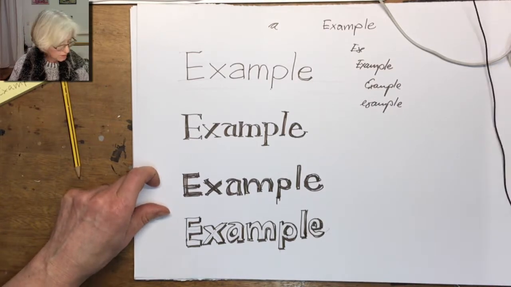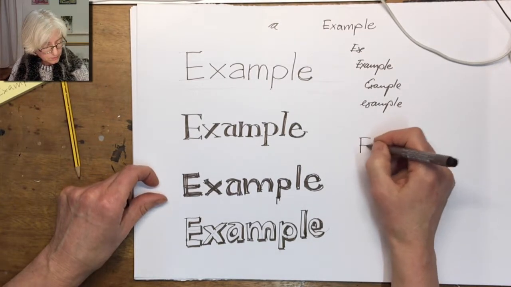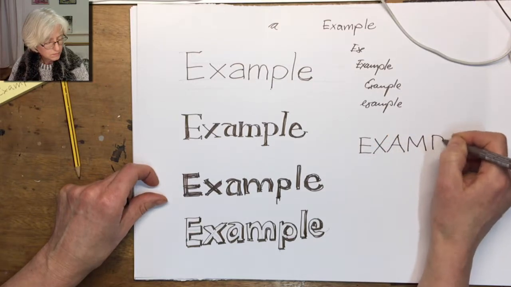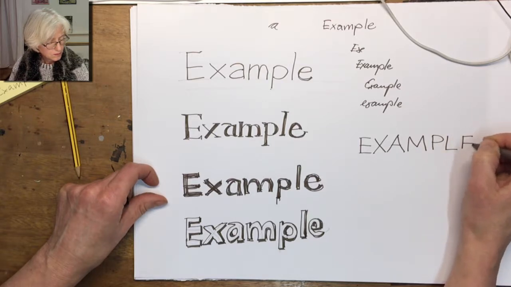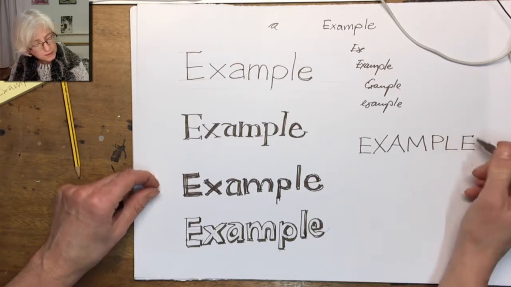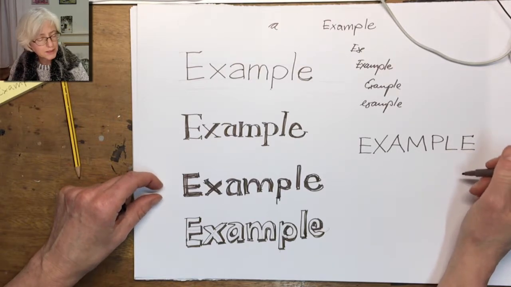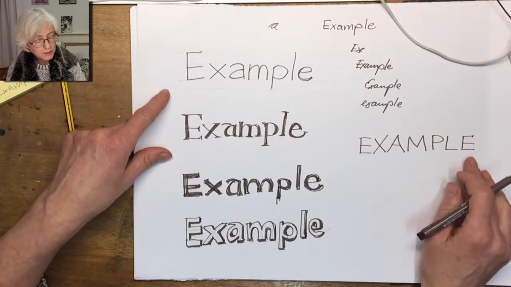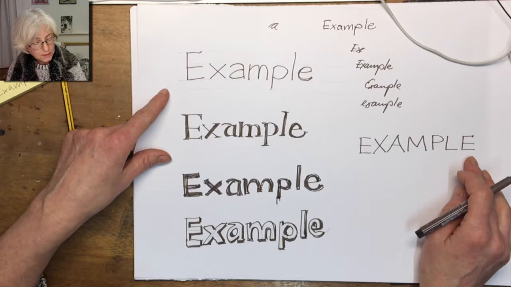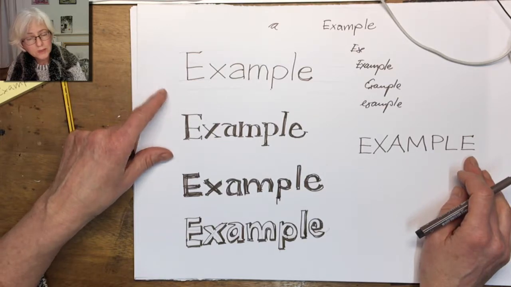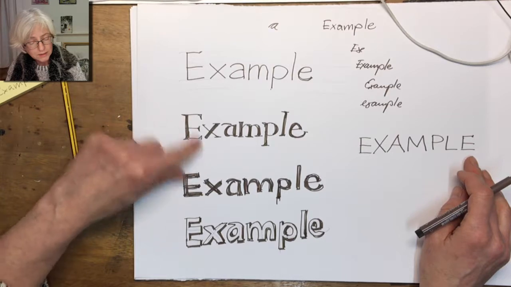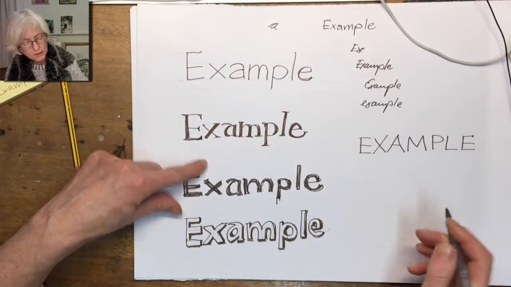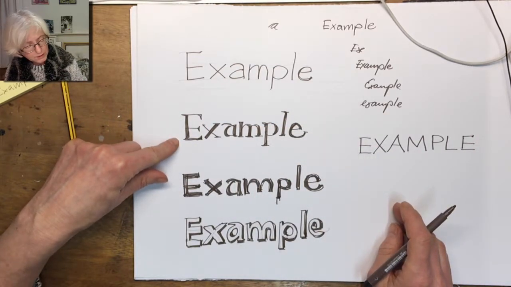Another possibility is to use only capital letters. Which makes it easier to, not to read, but it looks more orderly than this. It's easier to make it orderly, but it's very static. And it's not as easily readable as this mixed case, it's called mixed case, mixed letters mode to write.